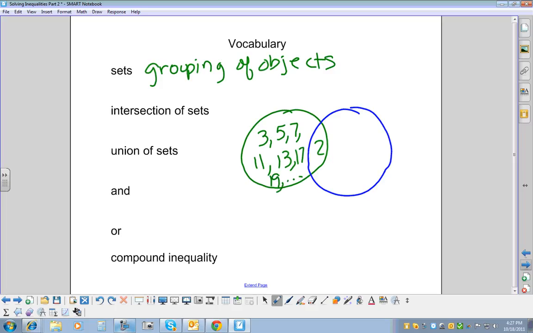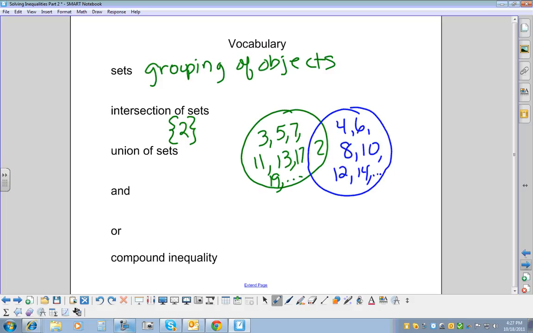And in our other set, we're going to have numbers that are even. So that's 2, 4, 6, 8, 10, 12, 14, and so on. Now notice how I put 2 in the overlapping part of the sets. That's called the intersection of the sets. So if we talk about the intersection of the two sets, the intersection of these two sets only contains the element 2, because that's the only number that's in both prime numbers and even numbers.